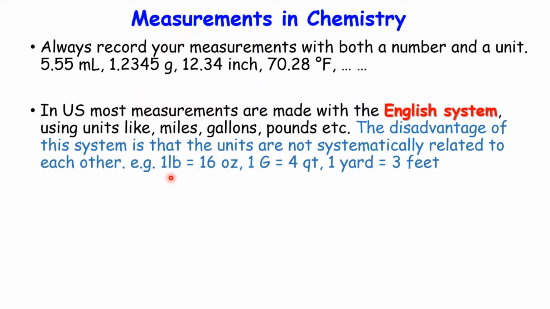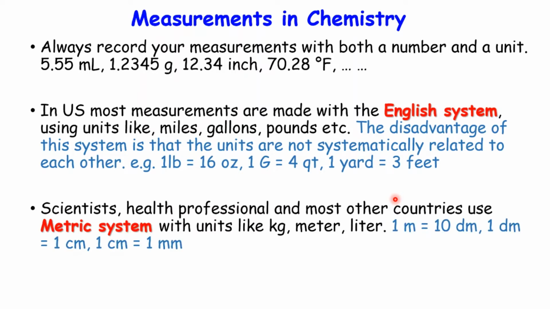You see, 1 pound equals 16 ounces, but 1 gallon is only 4 quarts. It's not 16. And 1 yard is 3 feet. They are not really systematically related.